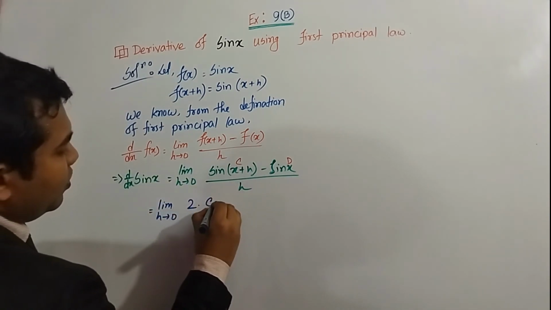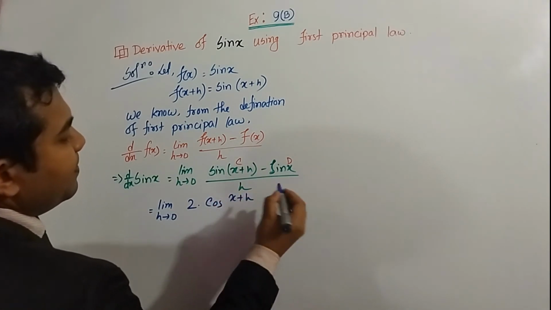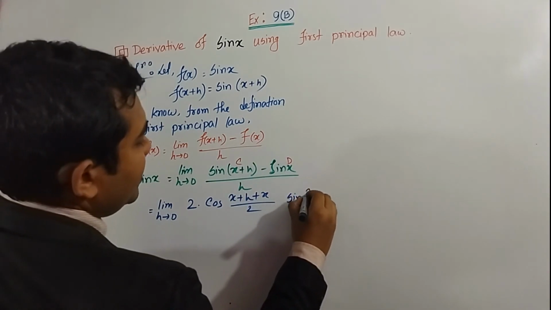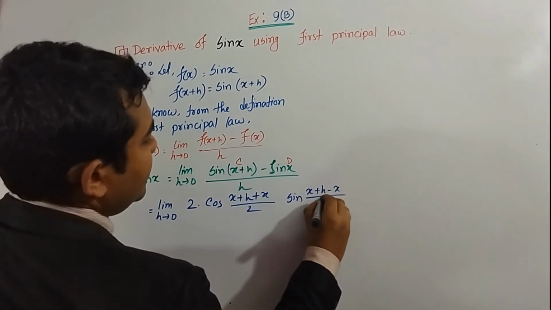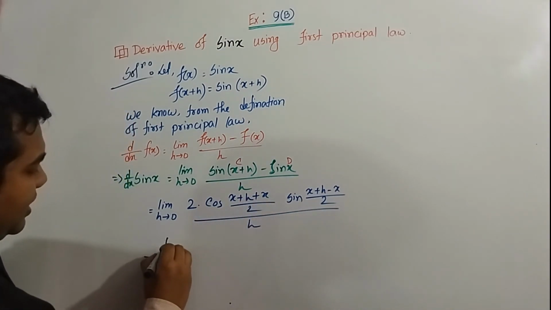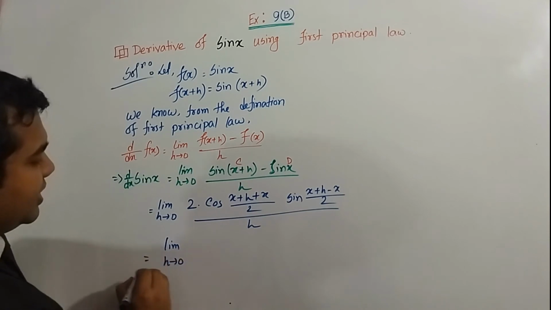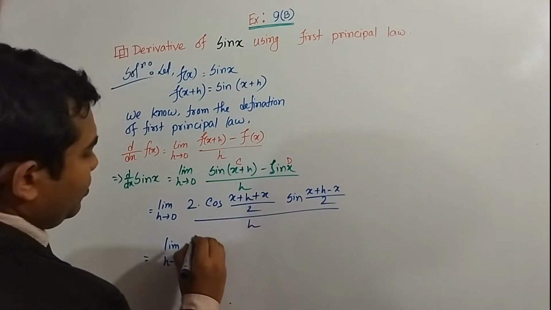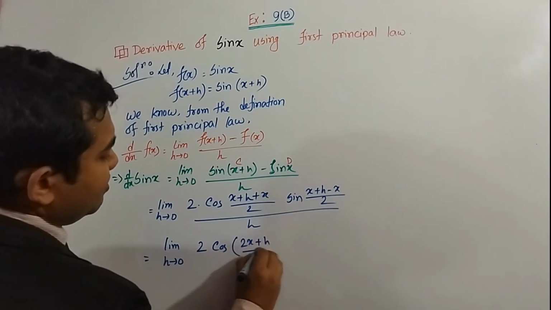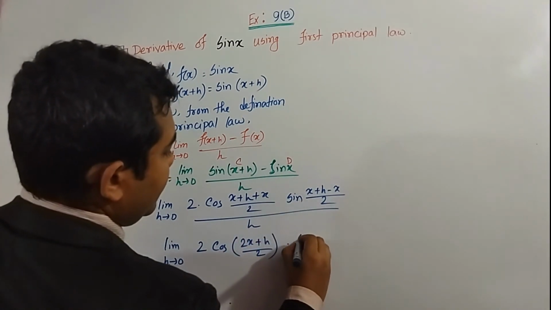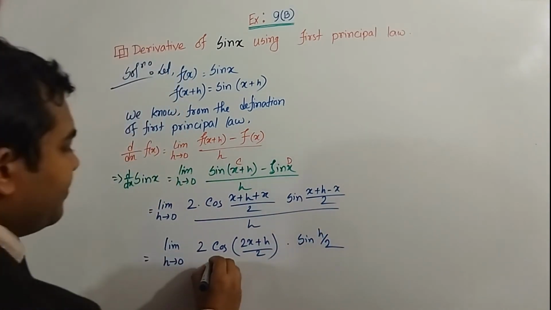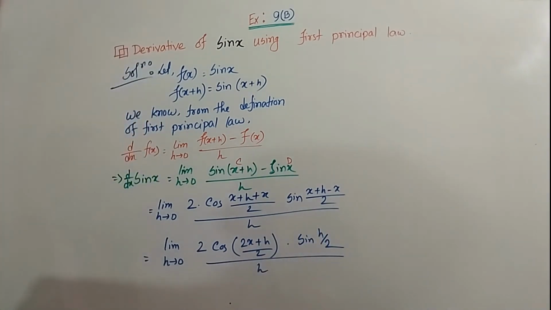2 cos of (c plus d) by 2 into sine of (c minus d) by 2, and here then limit h tends to 0, it can be 2 cos of (2x plus h) by 2, and here sine h by 2, divided by h.